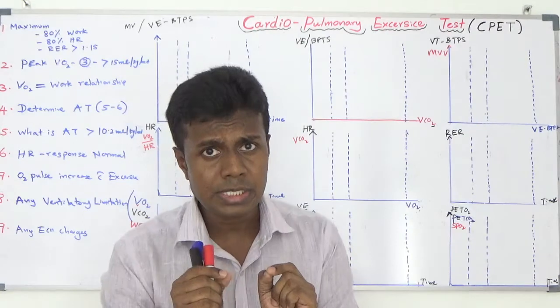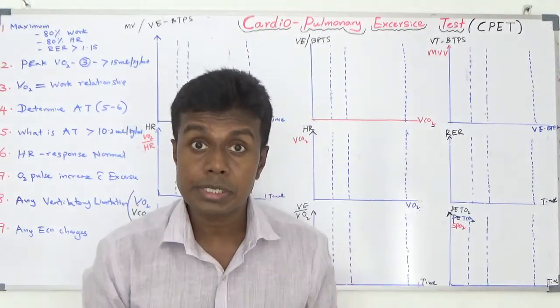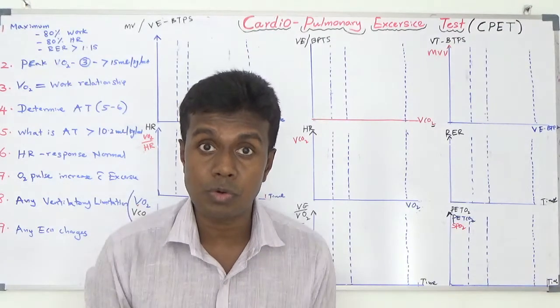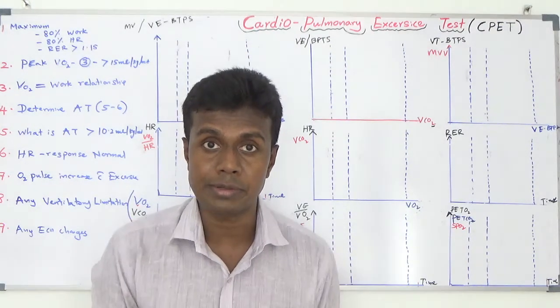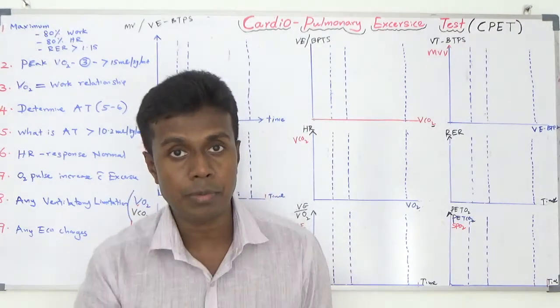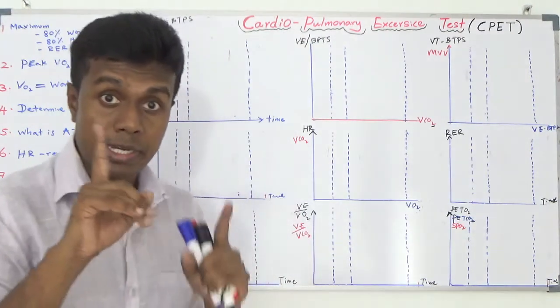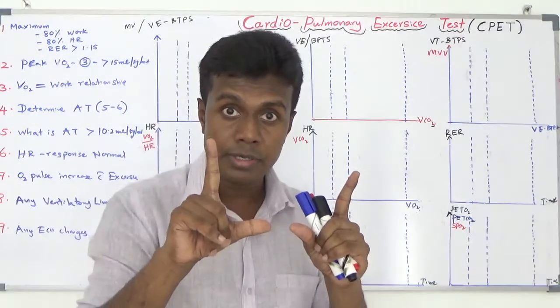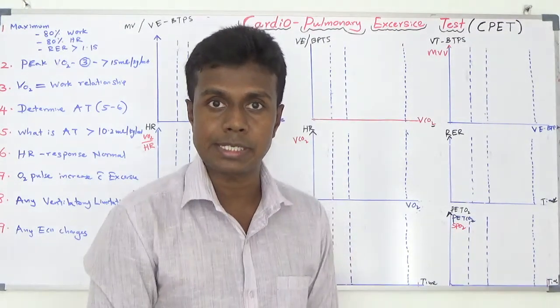What he found is, rather than taking those values separately, when combined together they give much more information. Then he introduced a concept called the 9-panel plot of the cardiopulmonary exercise test. He introduced 9 graphs to interpret the test.